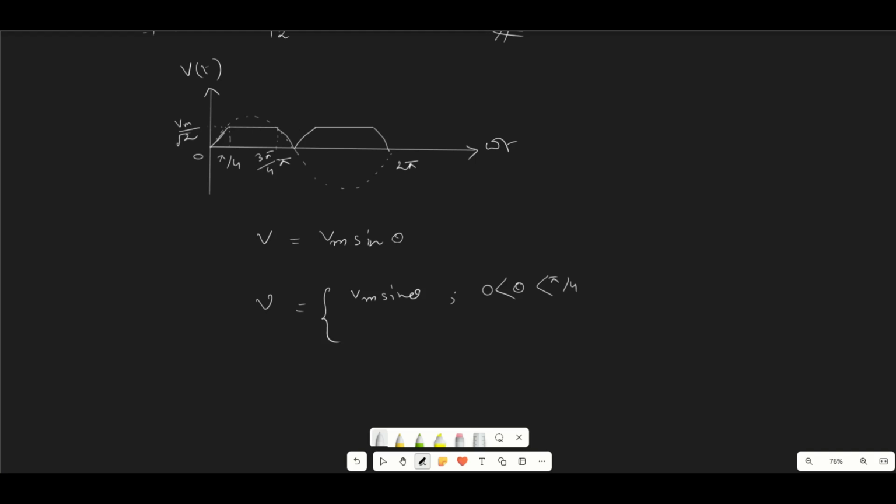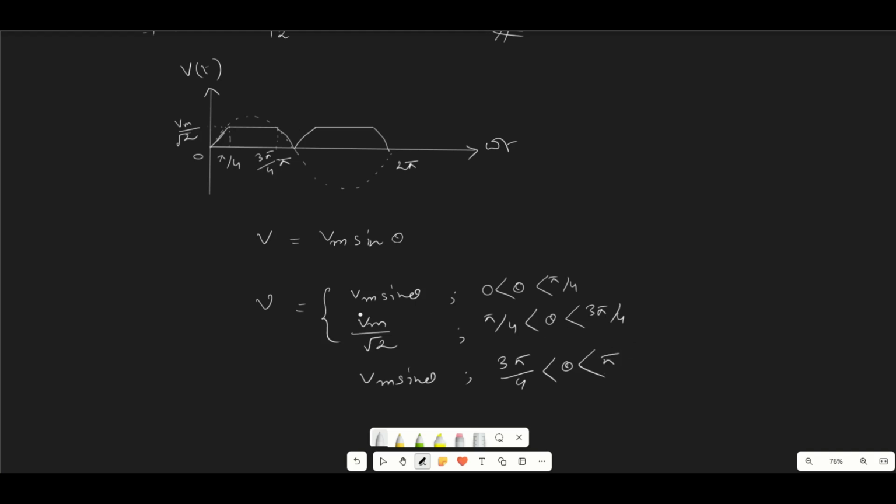Just consider Vm by root 2, suppose. So the value is Vm by root 2 for theta between pi by 4 and 3 pi by 4, and then finally it is again Vm sin theta for the rest of the region, that is 3 pi by 4 to pi.